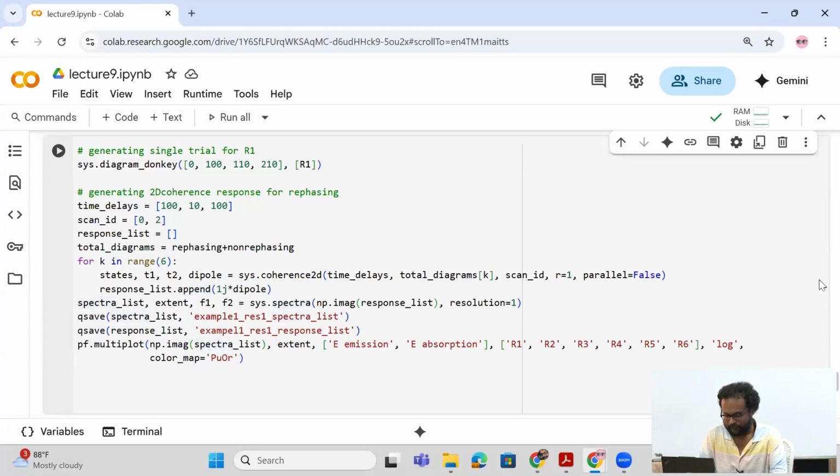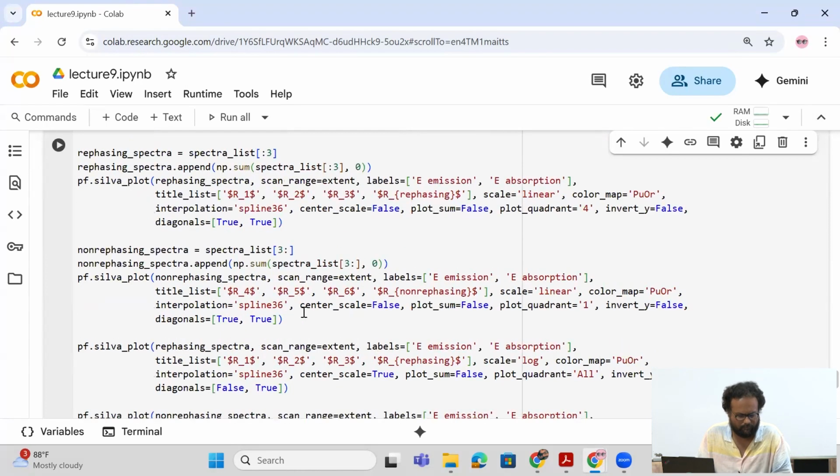You take that and then you calculate your spectra here. Now if I run this, that's everything, but you could also plot rephasing and non-rephasing separately. Let's do that.